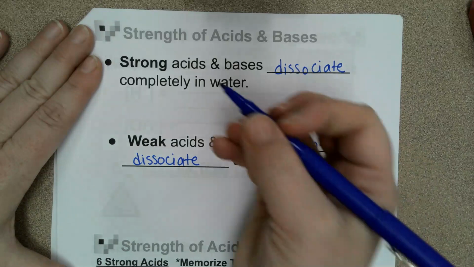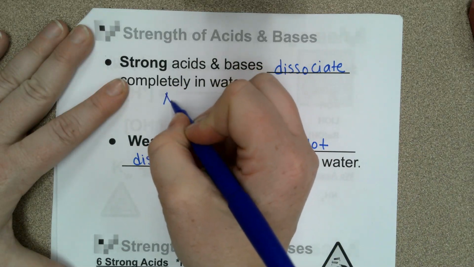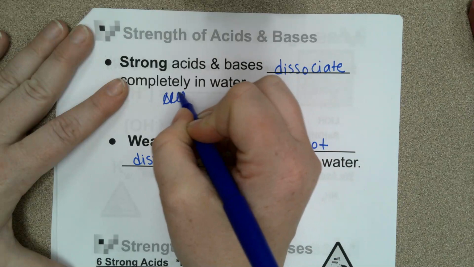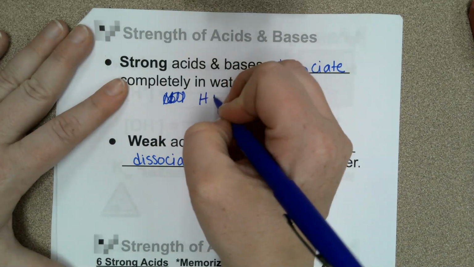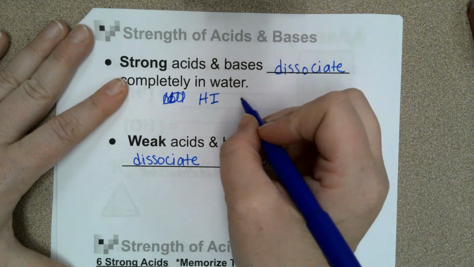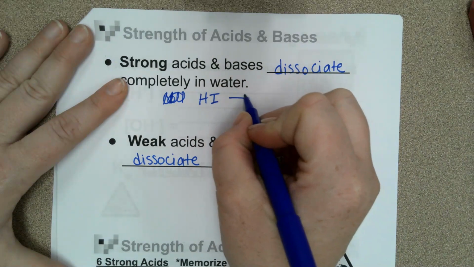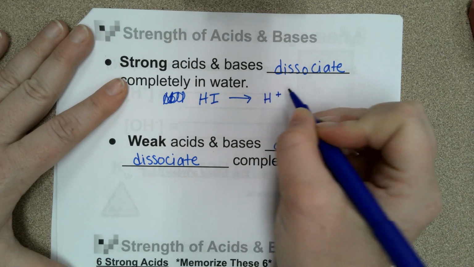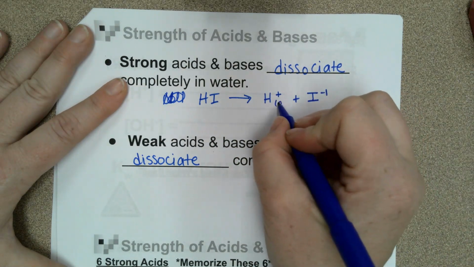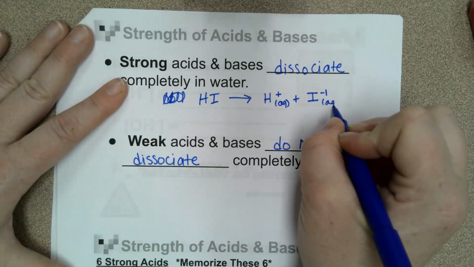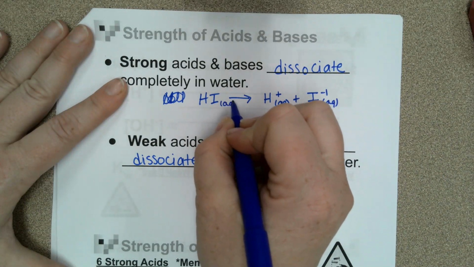Some examples you might see, we're going to talk about these later, but we have hydroiodic acid. This is a strong acid. So it will break down into hydrogen ions and iodide ions when in water. So these would all be aqueous because they'd be in water.